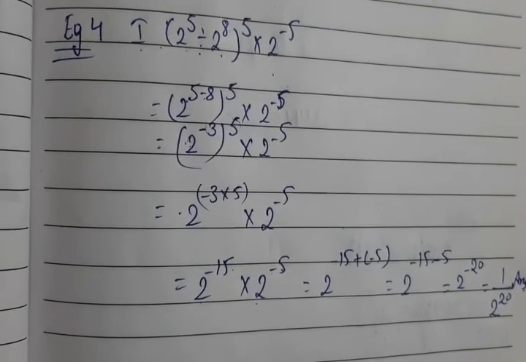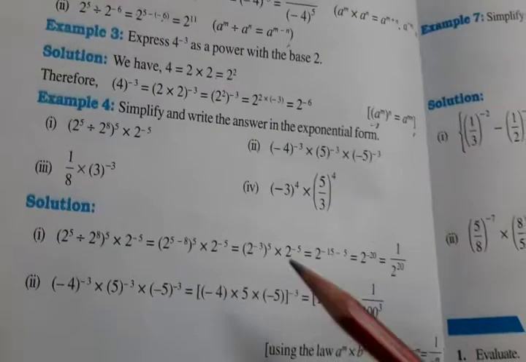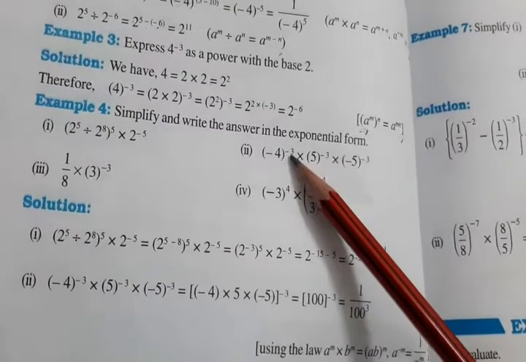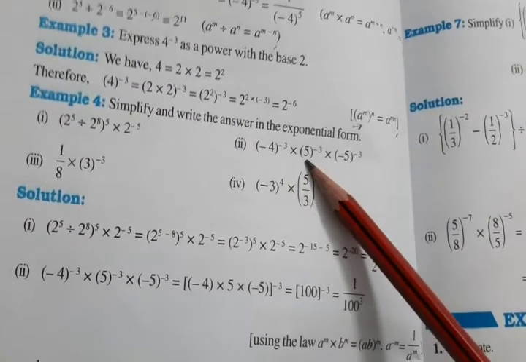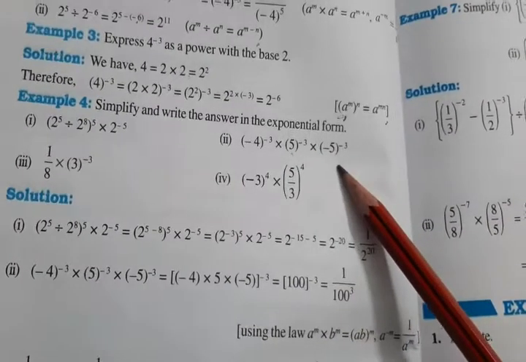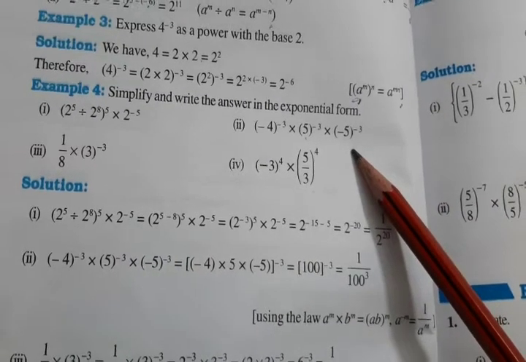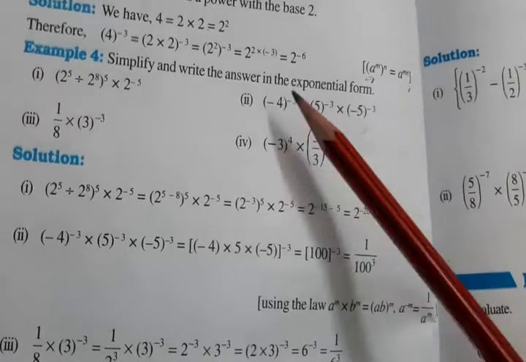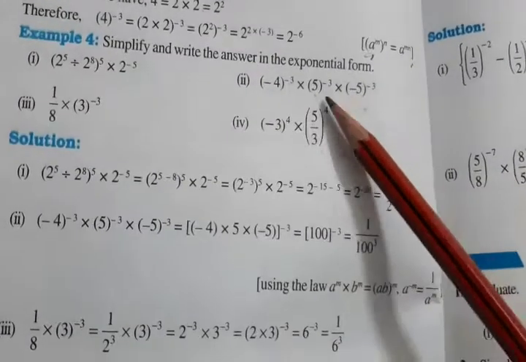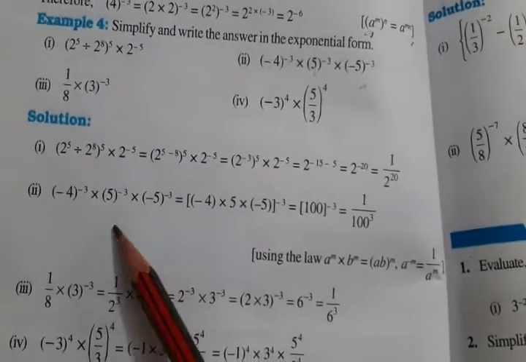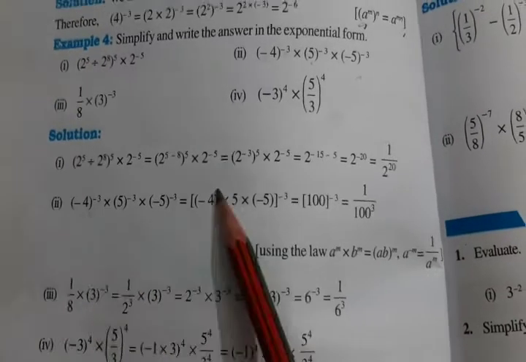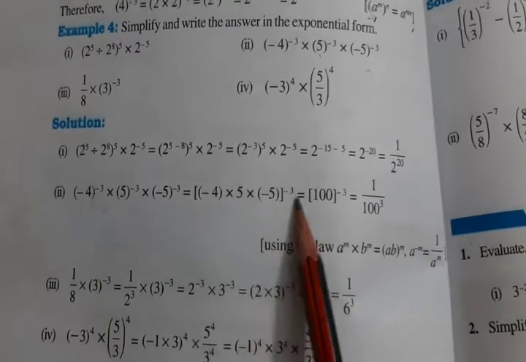Understand? Now the second part. The second one is minus 4 raised to power minus 3 into 5 raised to power minus 3 into minus 5 raised to power minus 3. One more law: the power is the same and the base is different. What will we write? We will combine these bases and take only one power. Now what will we do? We will multiply these bases together and take one power.